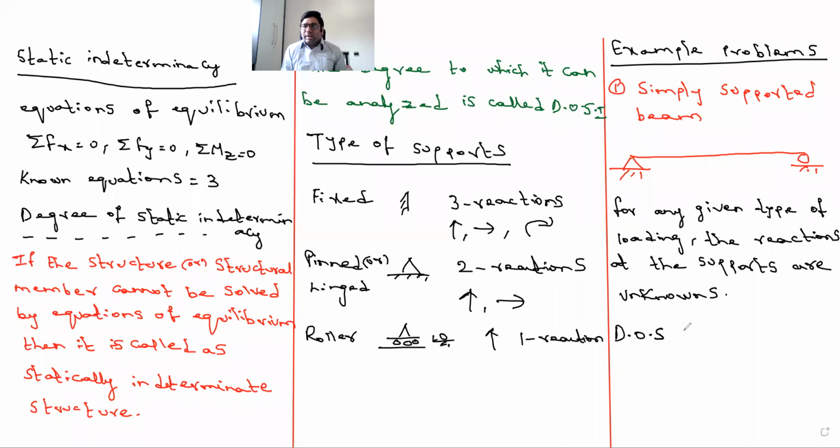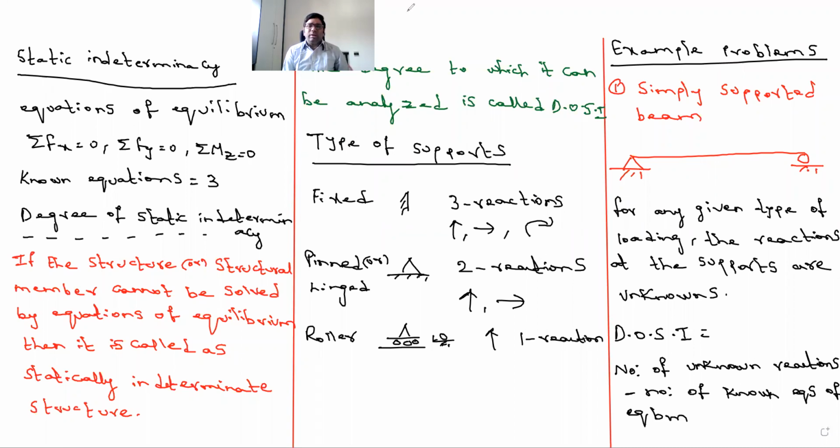Degree of static indeterminacy is equal to number of unknown reactions minus number of known equations of equilibrium. This specific thing you should never forget at all. Degree of static indeterminacy is equal to number of unknown reactions minus number of known equations of equilibrium.